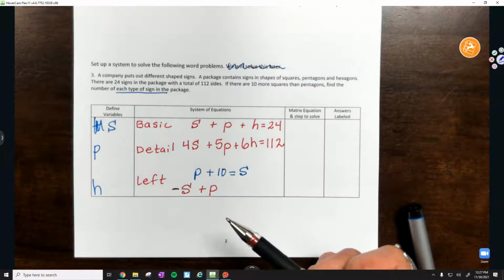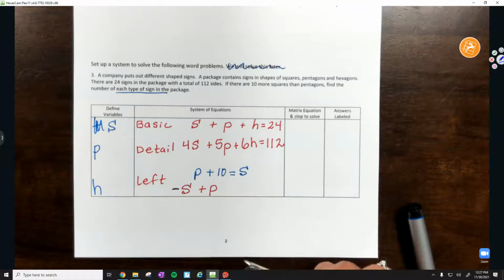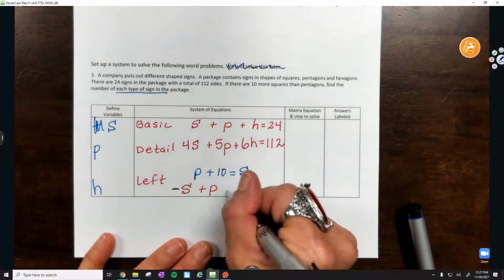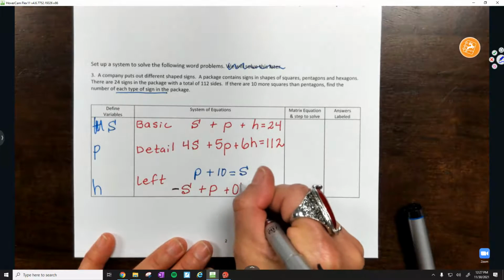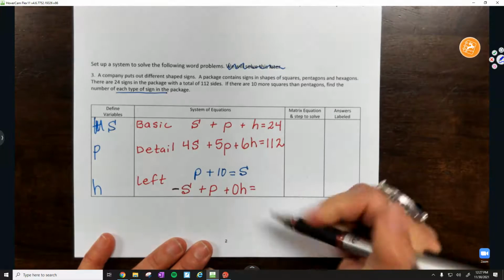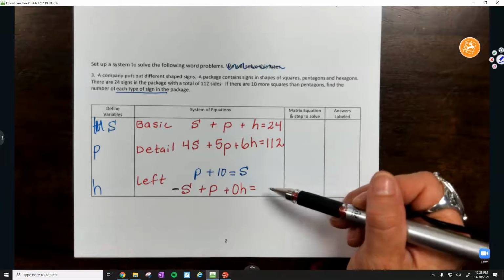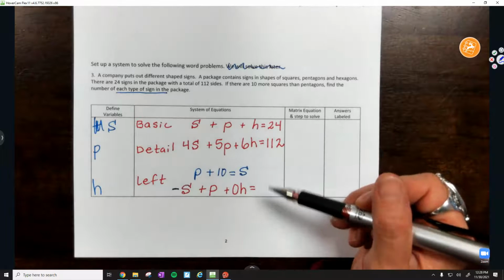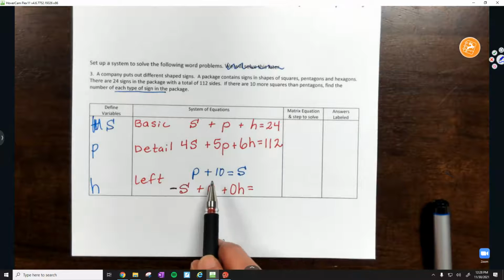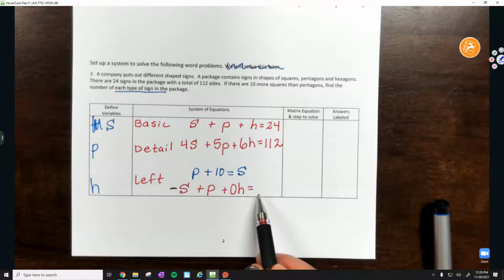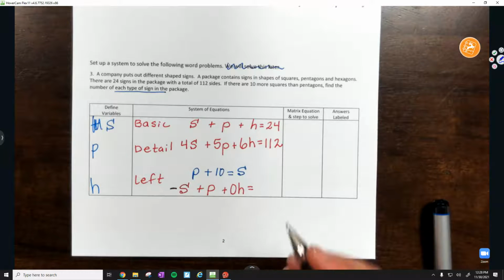No. But you have to write it. So write plus 0H. All right, we're going to put our regular number over here, which is 10, but it's on the wrong side. It's a positive 10 over there, so what is it going to be over here? Negative 10.